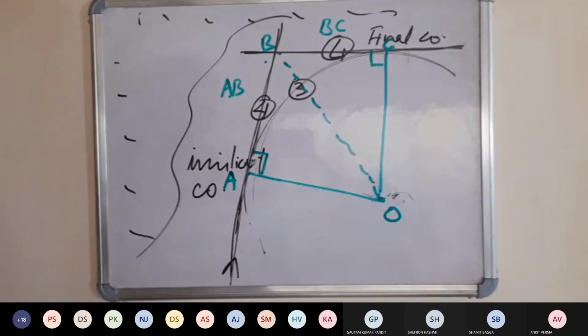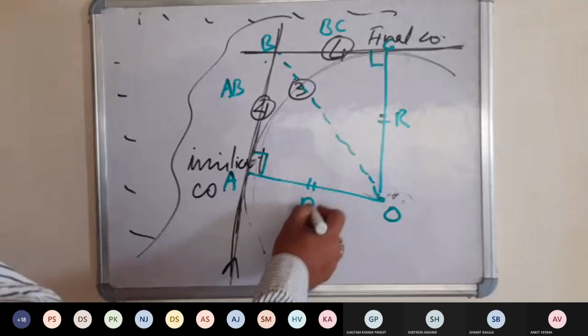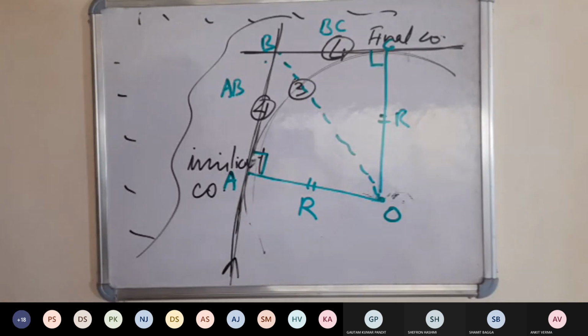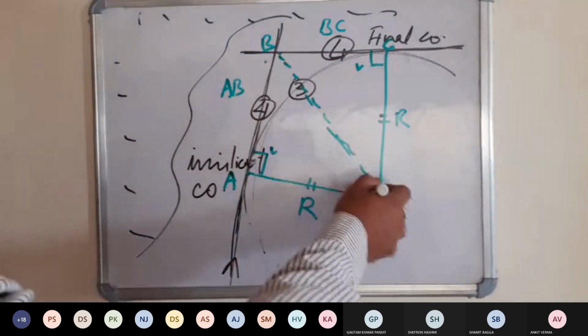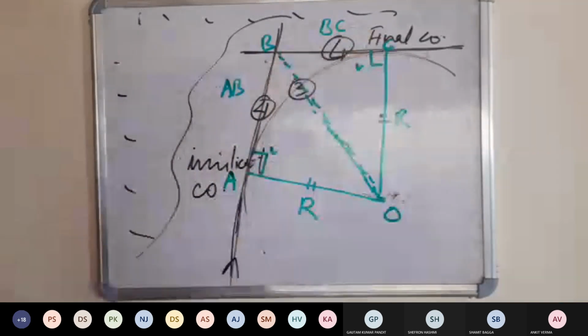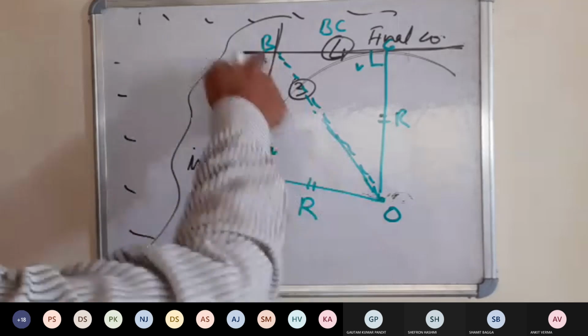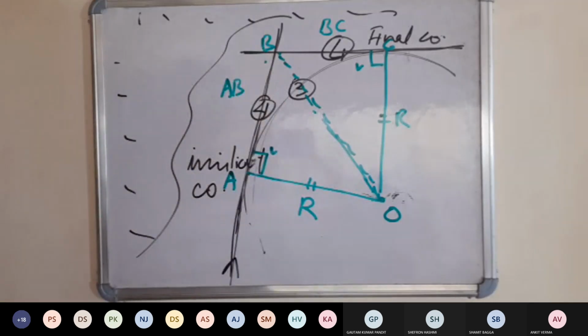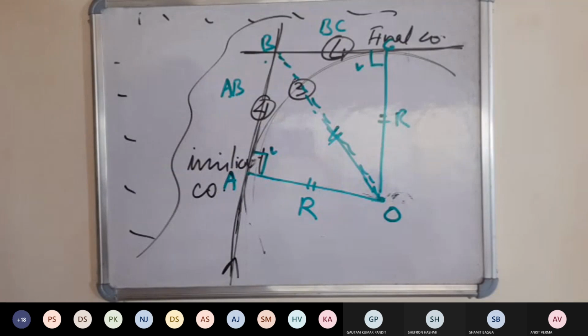Yes, sir. This one is R, this one is R. This is 90 degree, this is 90 degree. And we are drawing this line BO, which is common in both of these triangles.